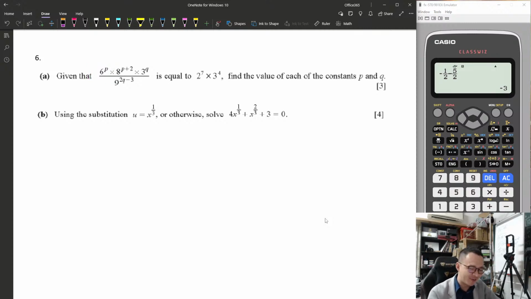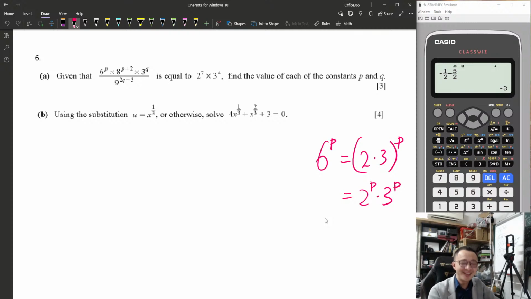So 6 is the only challenge here. But if you are very good in indices, you know 6 power of p, I can change into 2 multiply 3 equals 6, power of p. The indices rule tells me I can write 2 power of p multiply 3 power of p. This is the very important tip in this question.